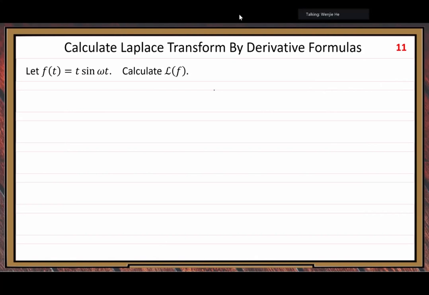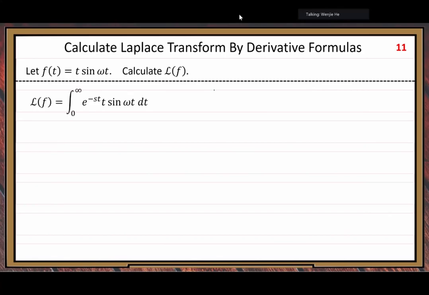Here I use one to practice our previous two formulas, but you do not have to use this way, because you can use other different ways. Later we will learn several other theorems you can use to do the calculation. So here, let's practice those two derivative formulas.